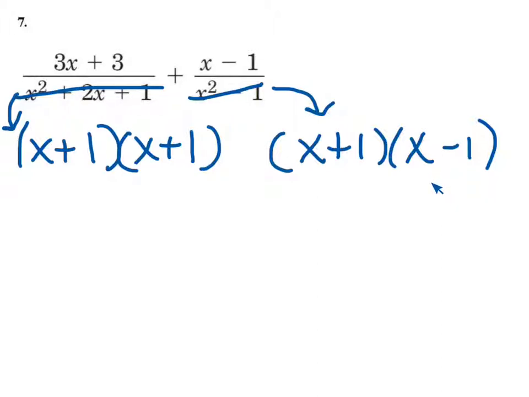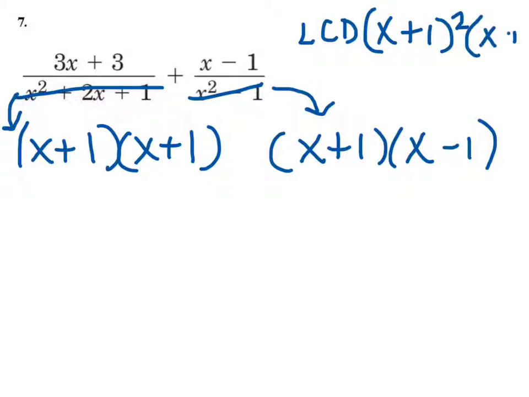Let's also recognize the factors that are missing in the first denominator that I have in the second denominator. I'm missing an x minus 1 over here that I have over here. So let's correctly identify the least common denominator to be an x plus 1 squared times an x minus 1.